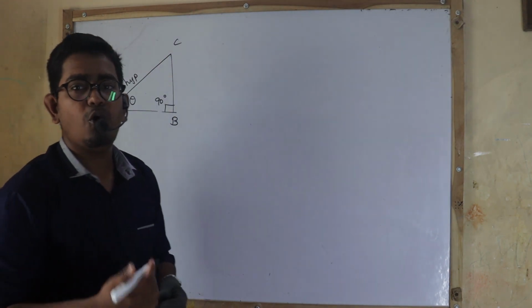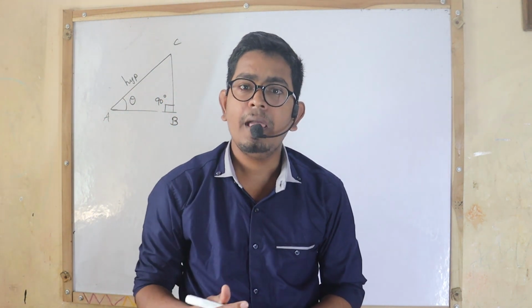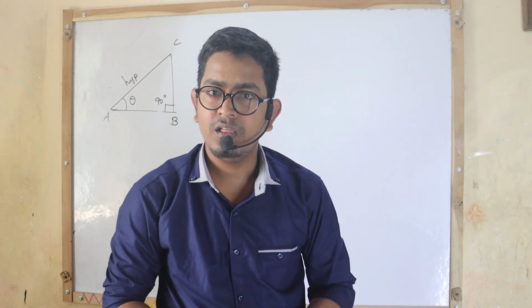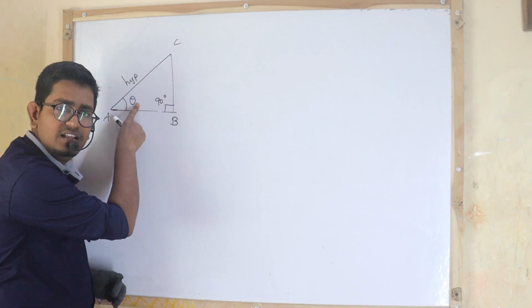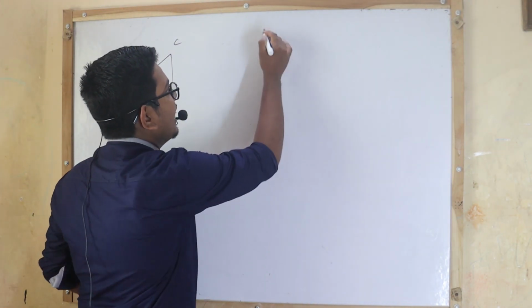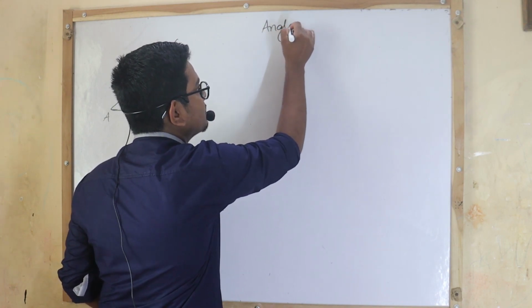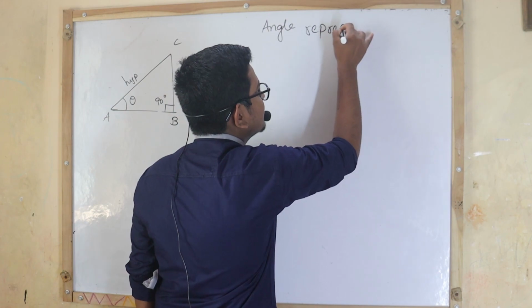Now we should opt for the opposite side and adjacent side based on the theta given. As you can see here, they are asking for this angle. The angle representation is theta.